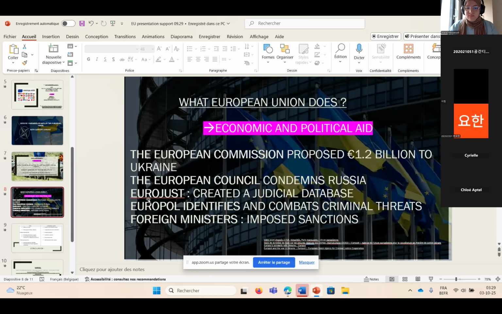And foreign ministers imposed sanctions on Russia. The European Union also fights for the respect of human rights. All these examples clearly show that NATO and the European Union have different perspectives about the Ukraine war, and they don't have the same objective.